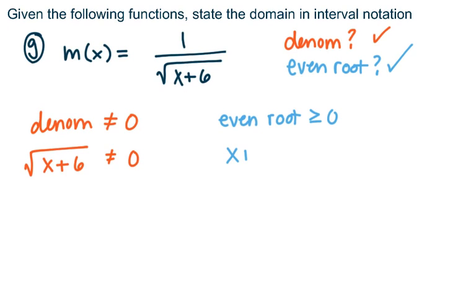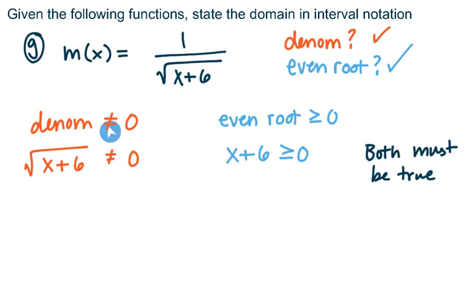So that means x plus 6 must be greater than or equal to 0. And both of these statements must be true. All right, so this is an and situation. They both have to be true. We have to look at where these two solution sets or intervals are going to be overlapping.